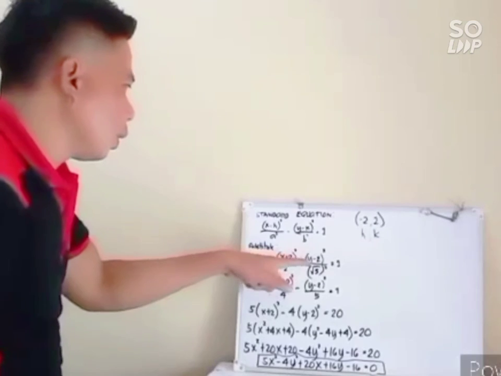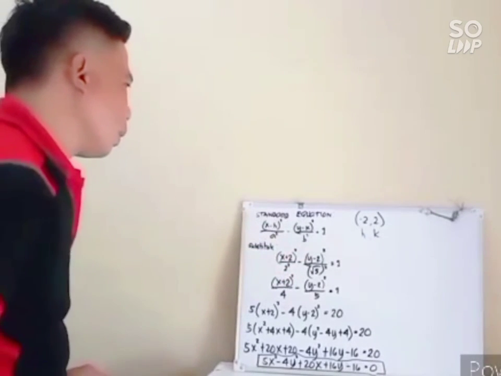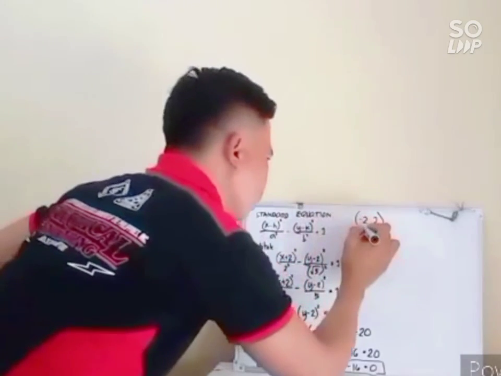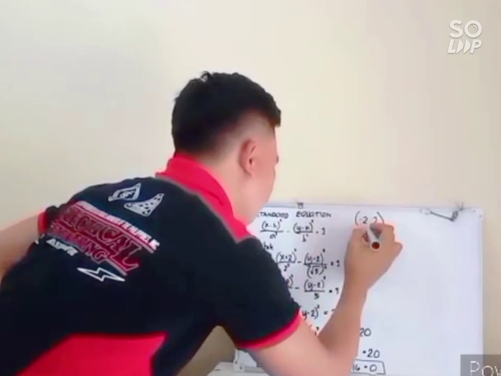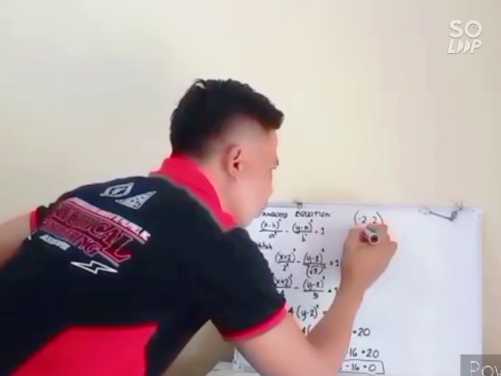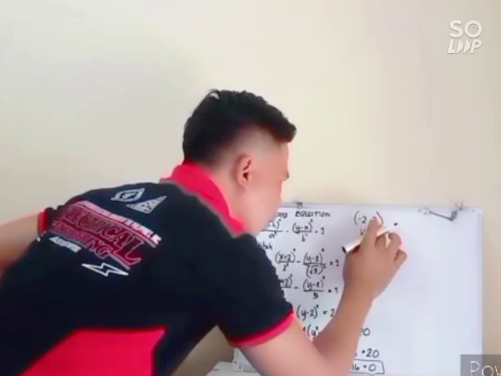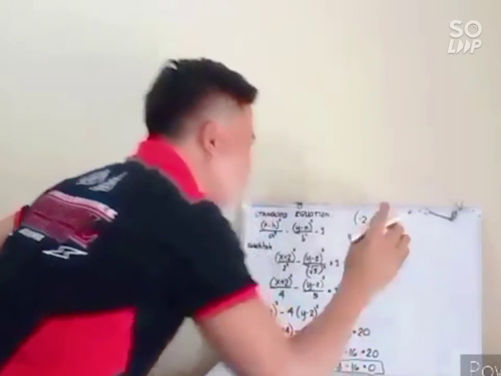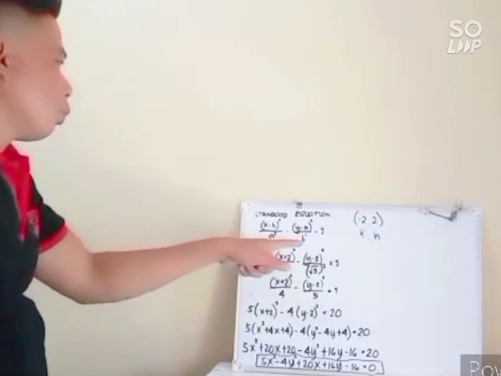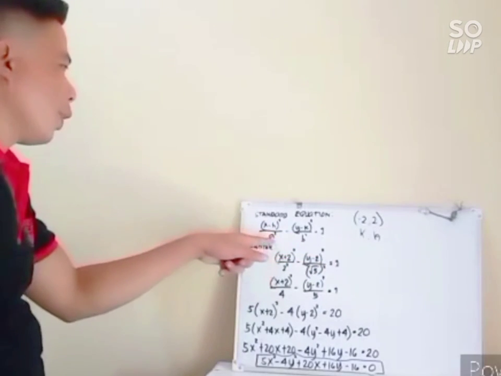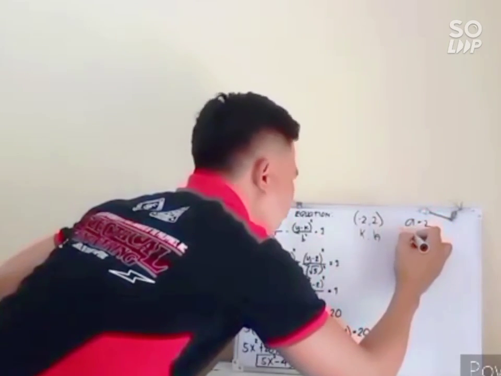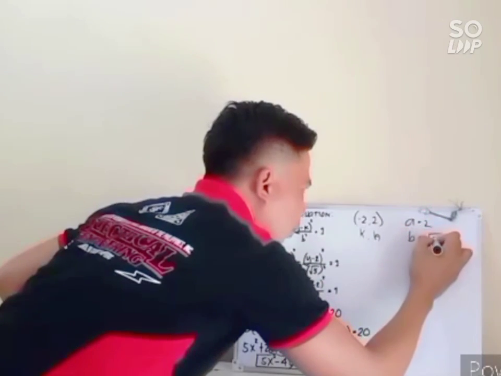Our k is 2, and our h is negative 2. So substituting into the formula, our a here is 2 and our b is the square root of 5.